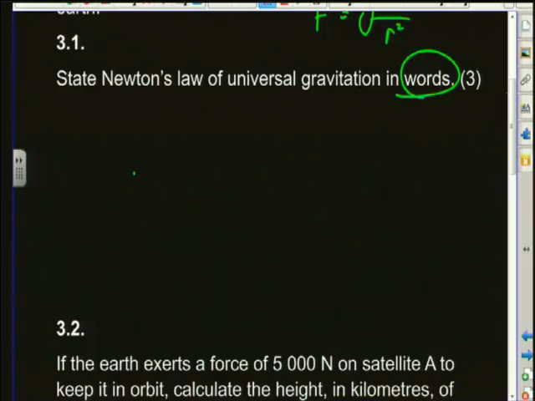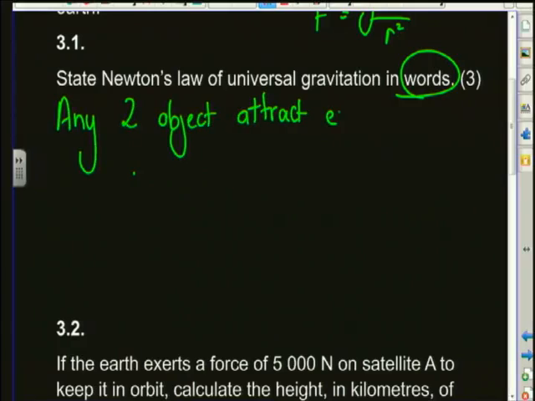I'll write it so you can read it in English. Any two objects attract each other. And this is any two objects, not one object, in the universe.